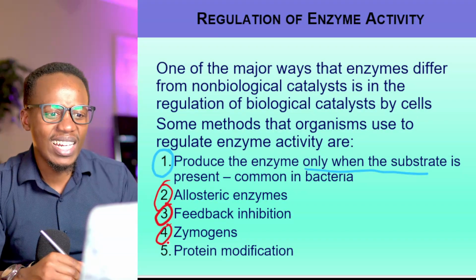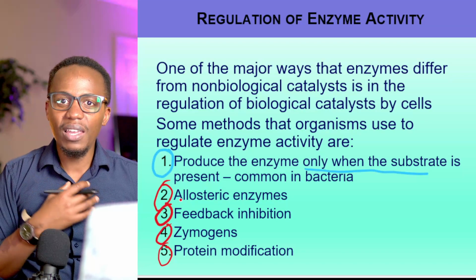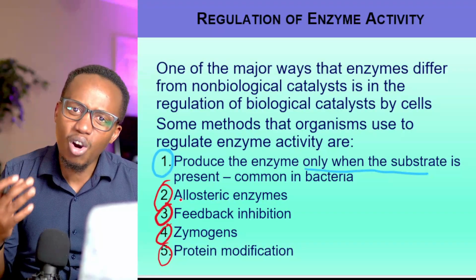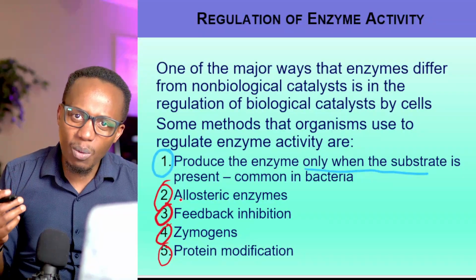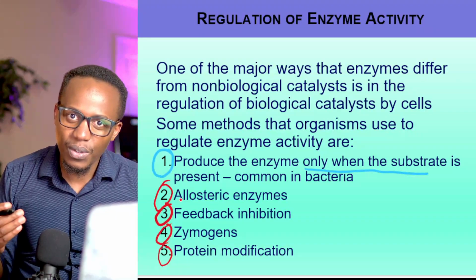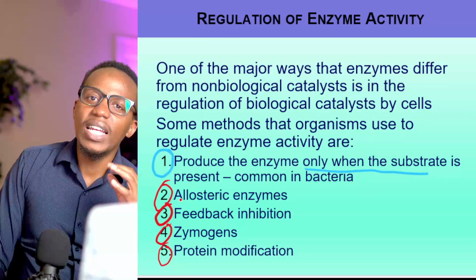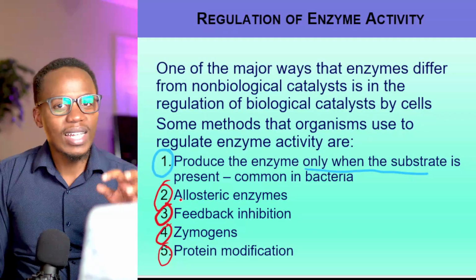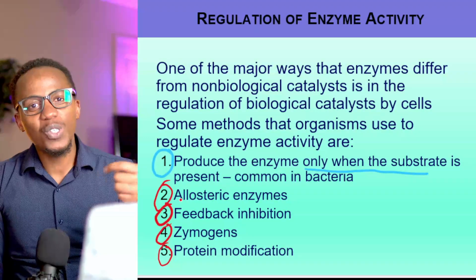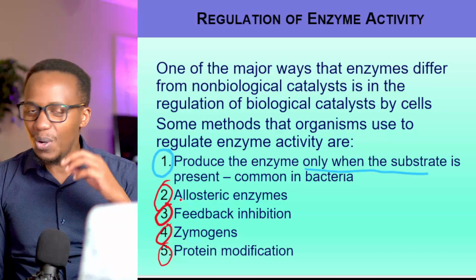Protein modification is another very powerful way to regulate enzymes. A very common, powerful example that the cell uses is phosphorylation. So you're going to have a lot of times an enzyme that is not active, but when it's phosphorylated, it becomes active, right? Or vice versa.